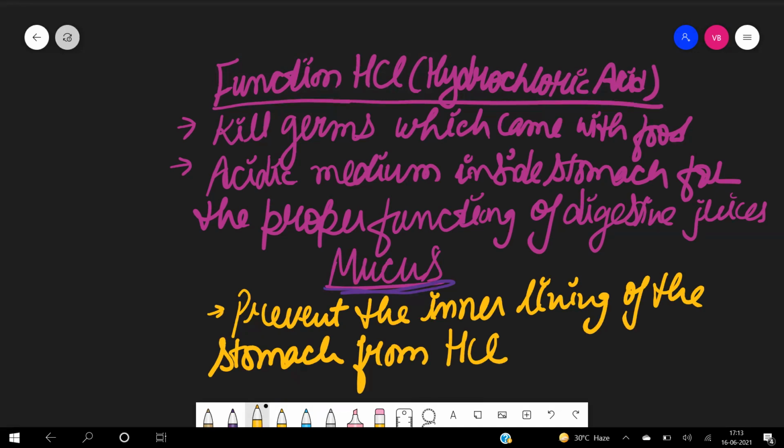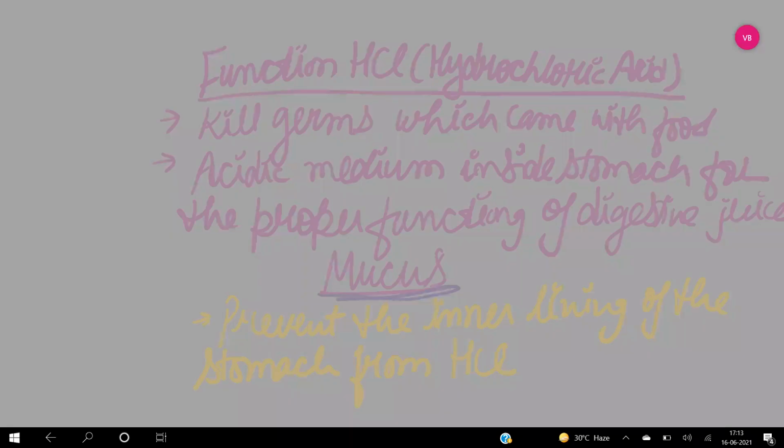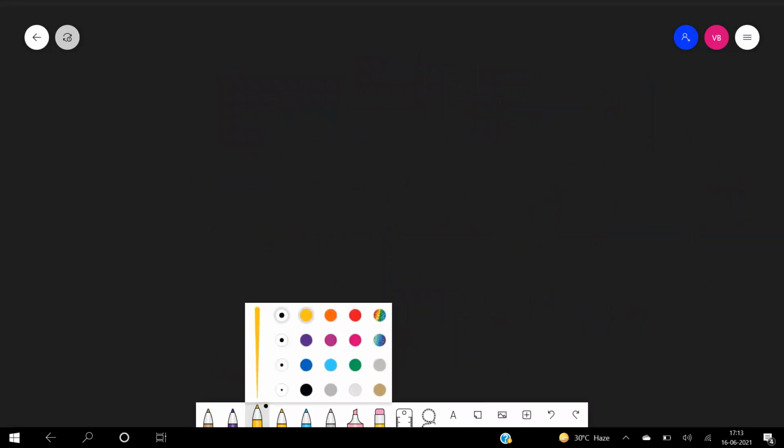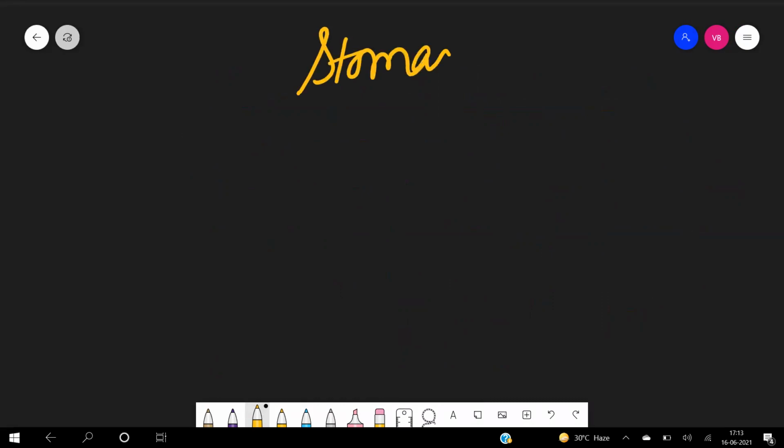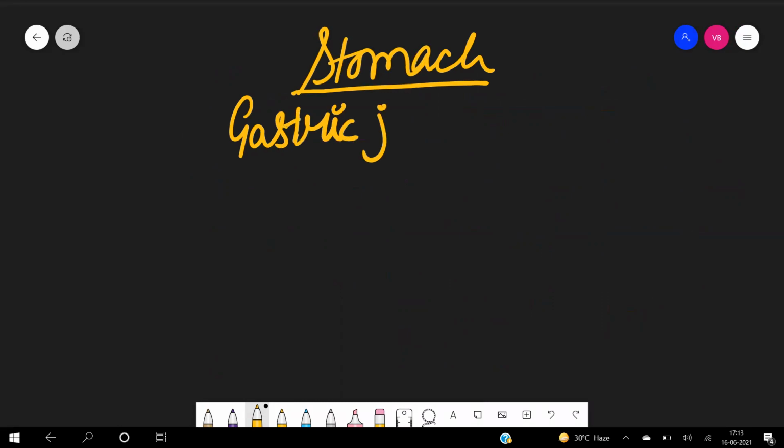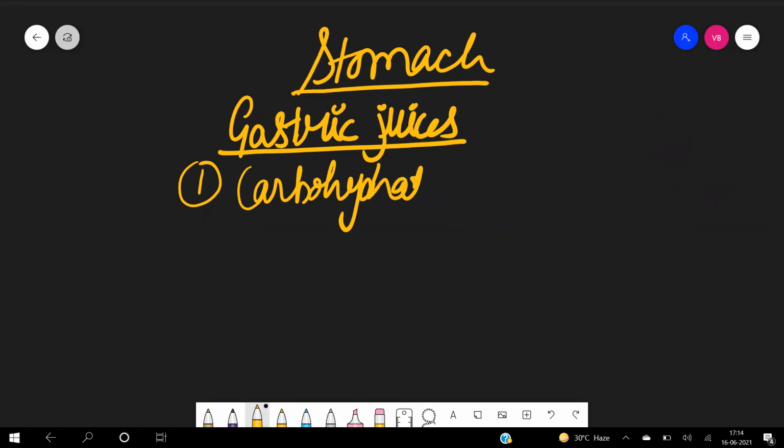After that, if we talk about the digestive juices or gastric juices inside the stomach, the gastric juices which are released will digest carbohydrate, fat, protein.